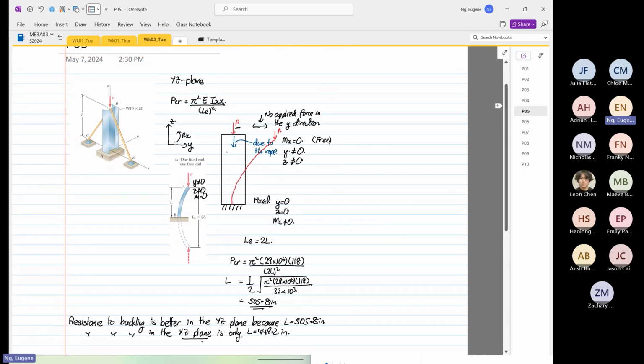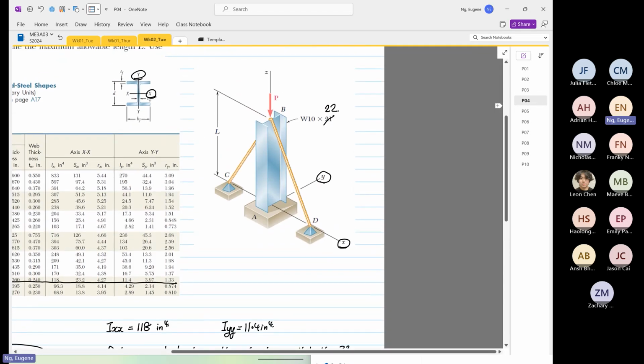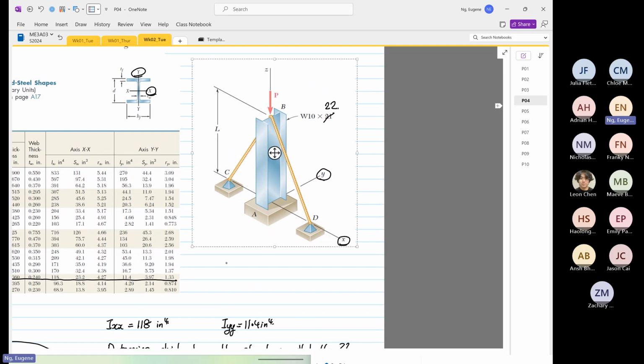Let me take a few moments to highlight the importance of this. Again, by looking at this, we can't really tell which plane will resist buckling better. Why? Because of the effect of I, the second moment of area, and our LE.